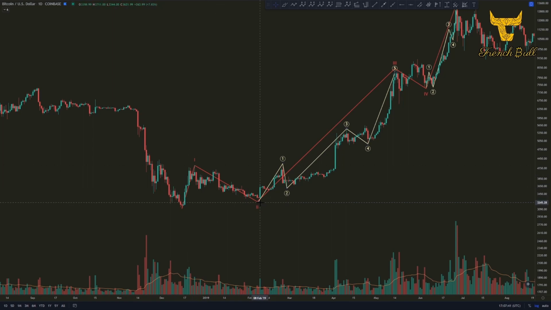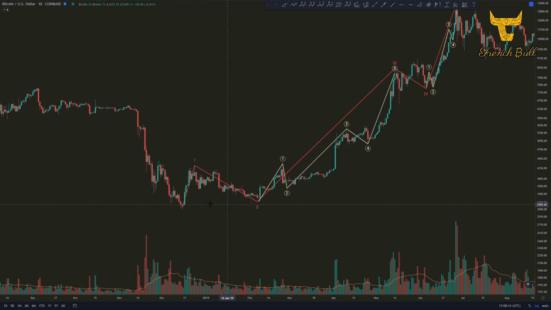As price retraces for wave 2, you see how volume decreases. So this is another thing that signals that interest in this trend is losing strength. There is no more downside pressure, if you want.